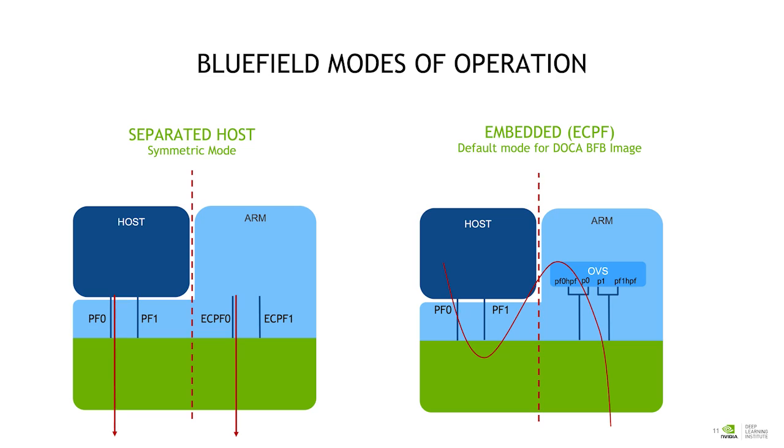In embedded mode, there are two ways to pass traffic to the host interfaces. Either use representors to forward traffic to the host, so every packet to and from the host will also be handled by the network interface on the embedded ARM side, or push rules to the embedded switch, which accelerates and offloads the flow for line rate performance.